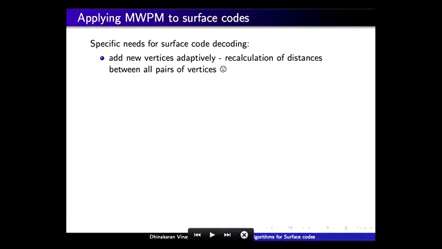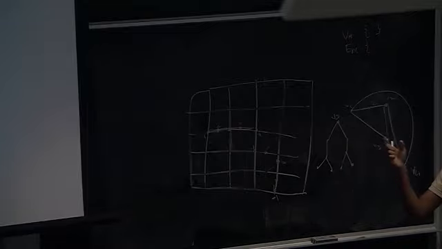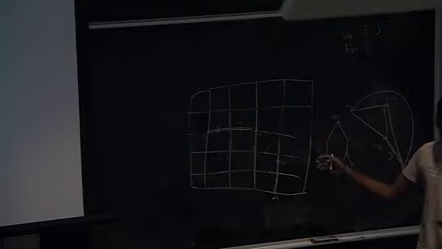But the thing is, we don't need to use the full power of minimum weight perfect matching for general graphs, because there are some special properties associated with this problem. The bad thing is that for every round of stabilizer measurement, we get new errors coming in. It seems like we have to recompute the whole graph for every round of measurements, because new vertices come in at every time and they change.